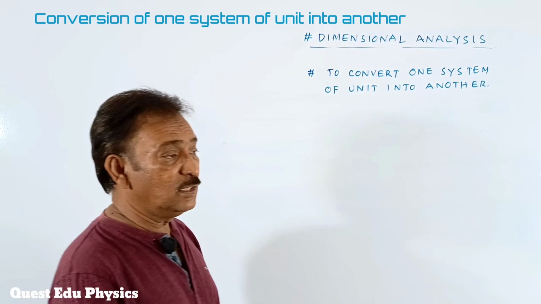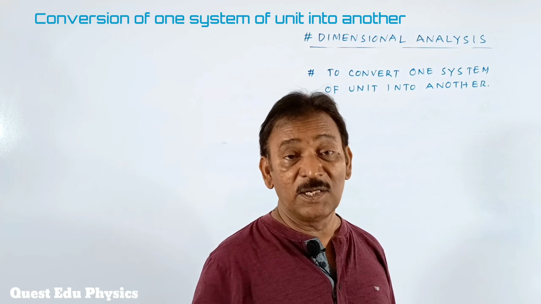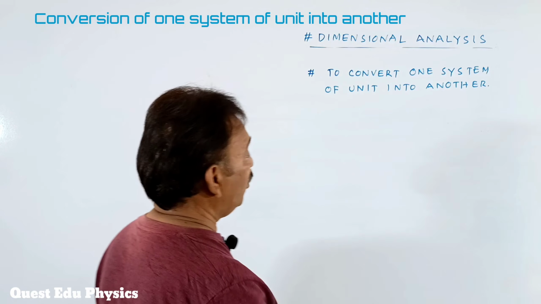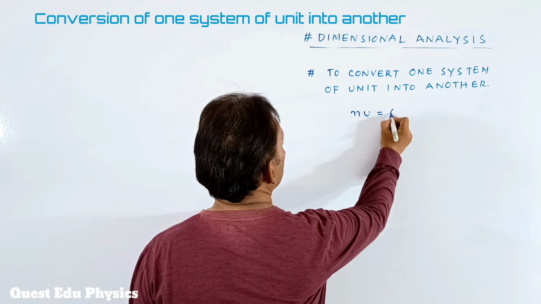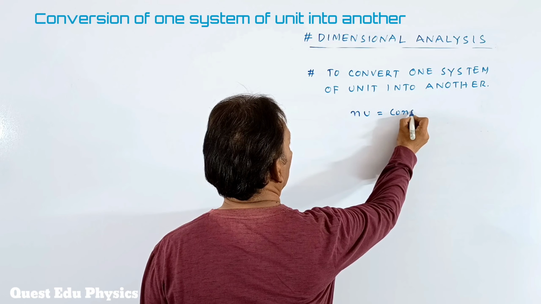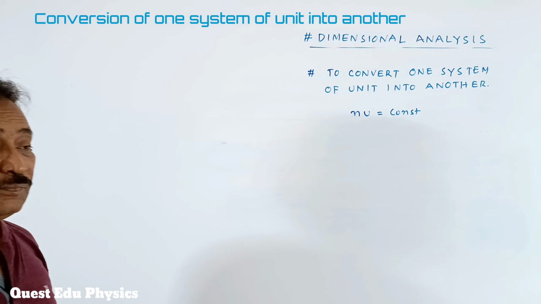In the earlier class, we got the relation, students. System of measurements, I told you. In system of measurements, I said nu is equal to constant. Okay, students. n u is equal to constant.